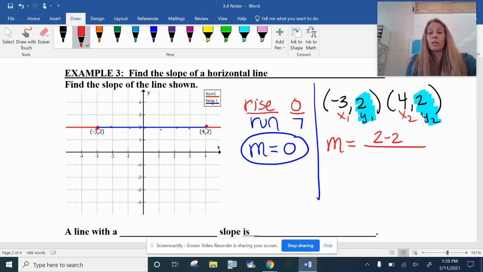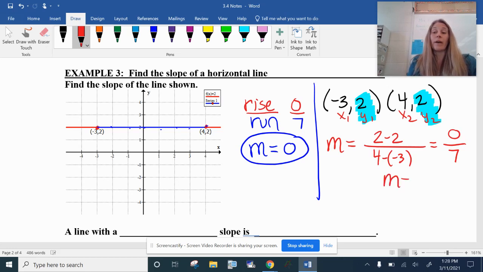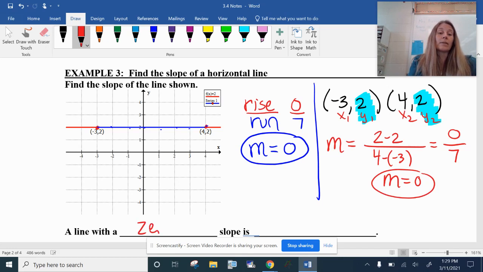So 2 minus 2, and then I can do either 4 minus -3 or -3 minus 4. Because 2 minus 2 is the same in either direction, it doesn't matter. So 4 minus -3, that gives me a +7 on the bottom, a 0 on the top. Again, 0 divided by anything is 0. So a line with a 0 slope is horizontal.